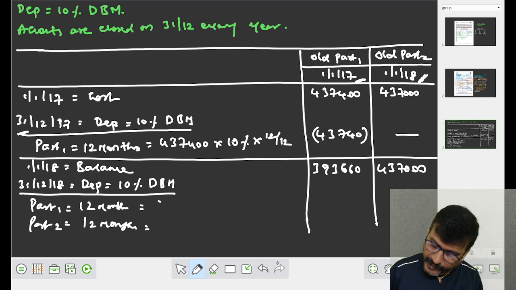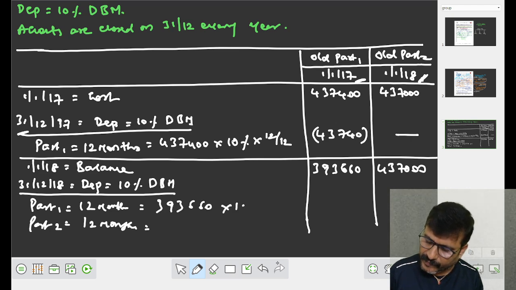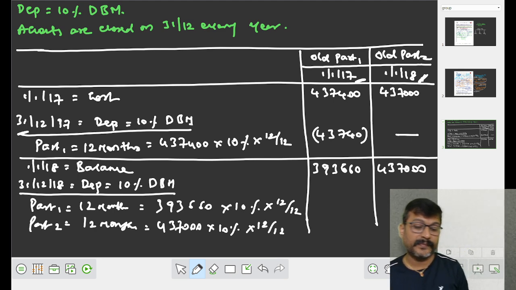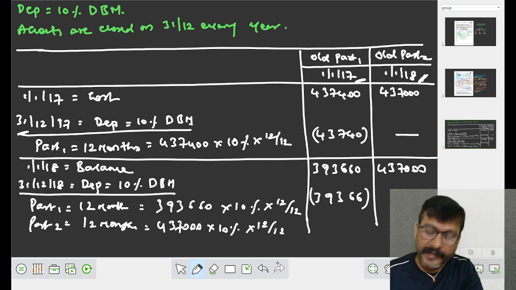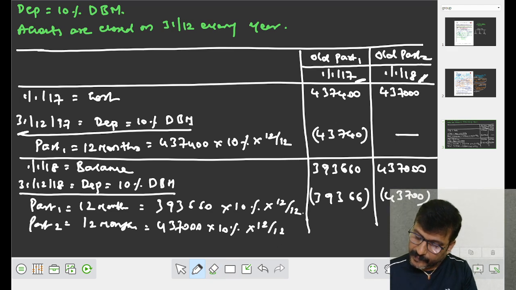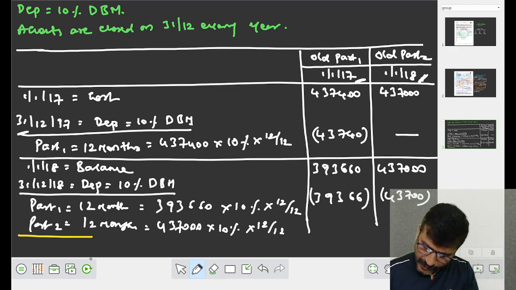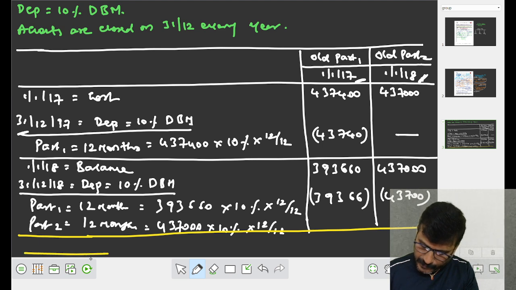How to calculate under diminishing? 3,93,660 into 10% into 12 by 12, 4,37,000, 10%, 12 by 12. It comes to rupees 39,366. Here it comes to rupees 43,700. Now, my dear students, we have to work out a balance.